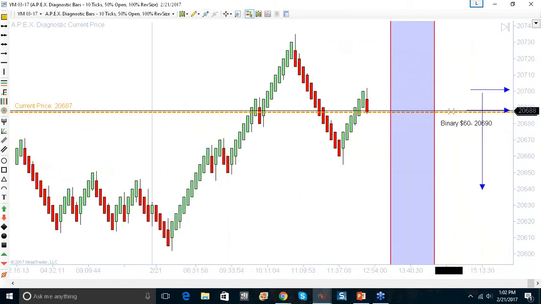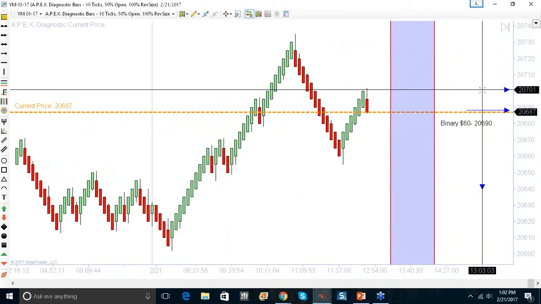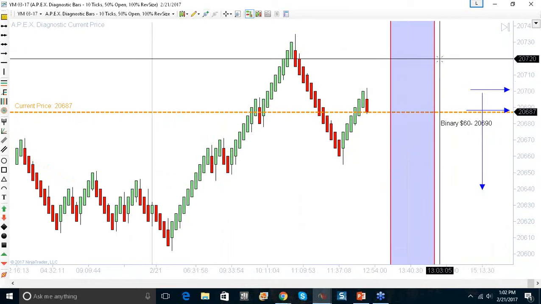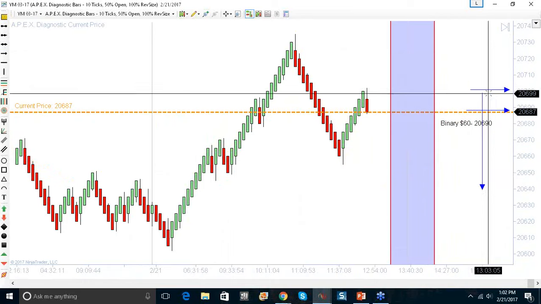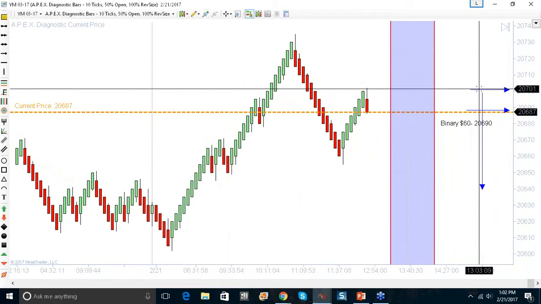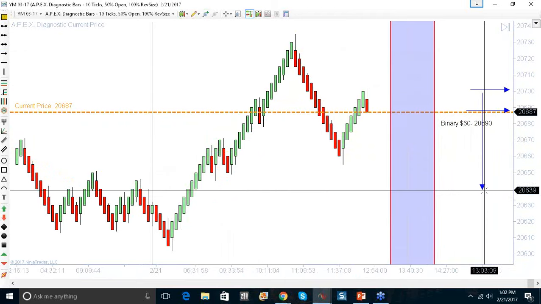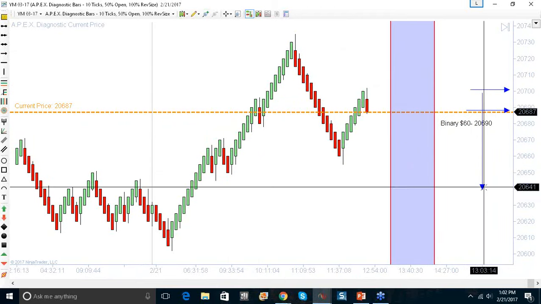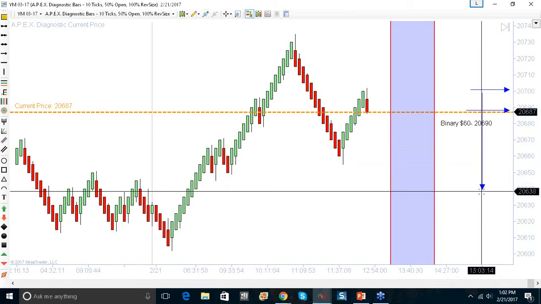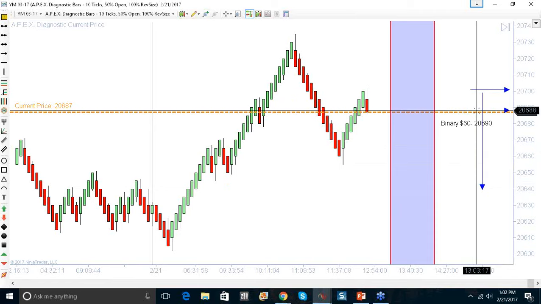So with the spread, I had to put up 200 bucks to get in the trade. But to lose $60, I'm giving myself a huge amount of room, aren't I? On the binary, I'm giving myself one tick to lose 60 bucks.